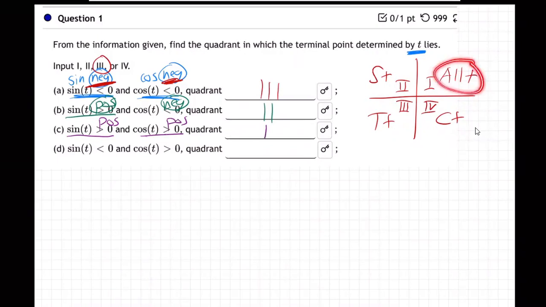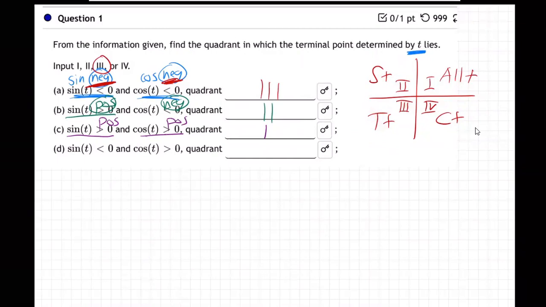Because all the trig functions are positive in quadrant 1. You might say, well, what about quadrant 2? Sine's positive there. Yeah, but the others are negative there, so cosine would be negative. So we're not there. We're not in quadrant 4, because cosine's positive, but the others, including sine, would be negative. And it can't be quadrant 3, because only tangent's positive, and sine and cosine would be negative.